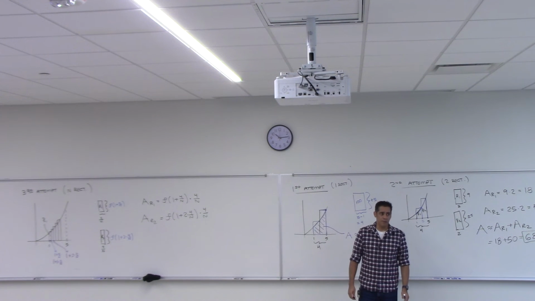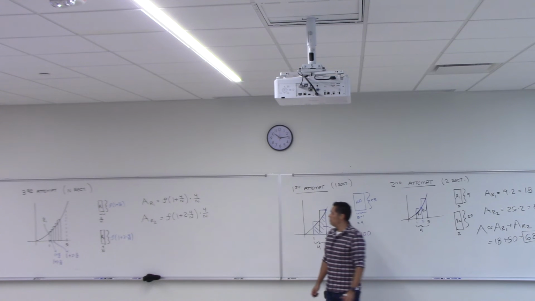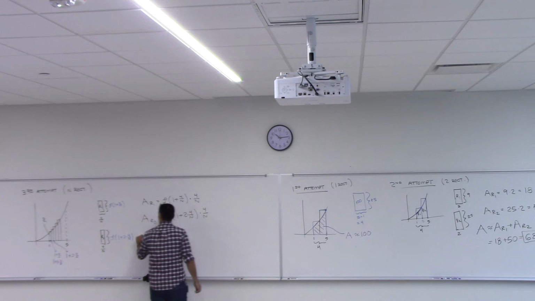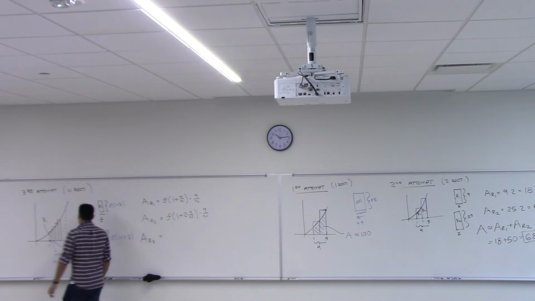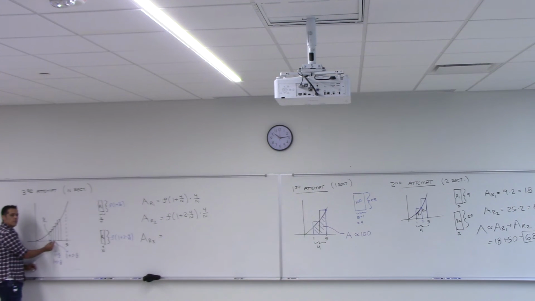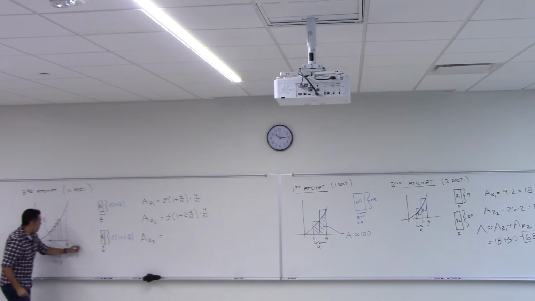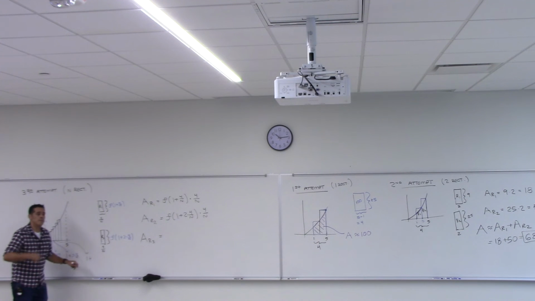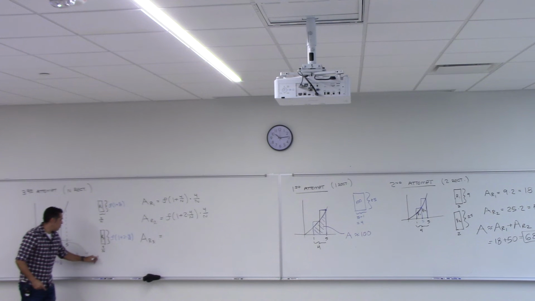We're starting, hopefully, to see a pattern. Any guess as to what the area of the third one would be? Well, how wide would the third one be? 4 over n still. How tall would it be? Well, we need to know that point, right? That point would be 1 plus 3 jumps of 4 over n.